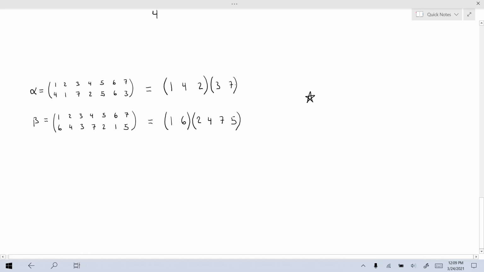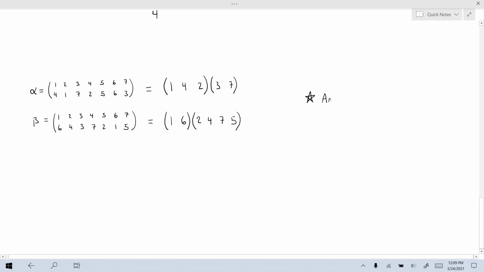So this procedure of taking a permutation and writing it in terms of cycles, this procedure that I did in these two examples, you can apply to any permutation. And what that will lead to is a factorization of your permutation into disjoint cycles. Okay?